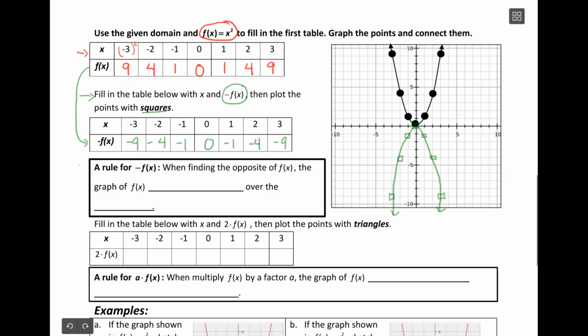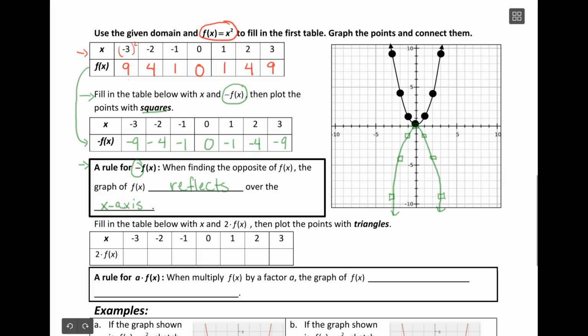Exactly like that. So a rule for a negative, putting a negative in front of your function, is when finding the opposite of f of x, the graph of f of x reflects. You can see that's a reflection of the original function, and it's reflecting over the x-axis.